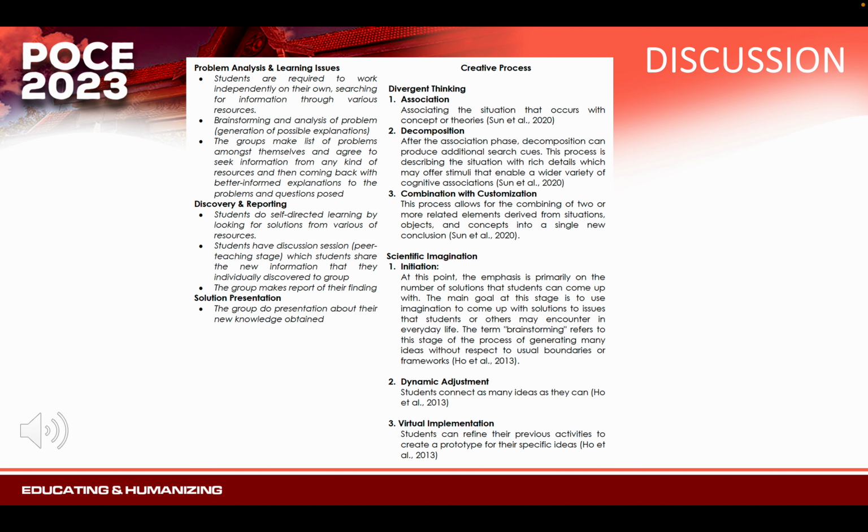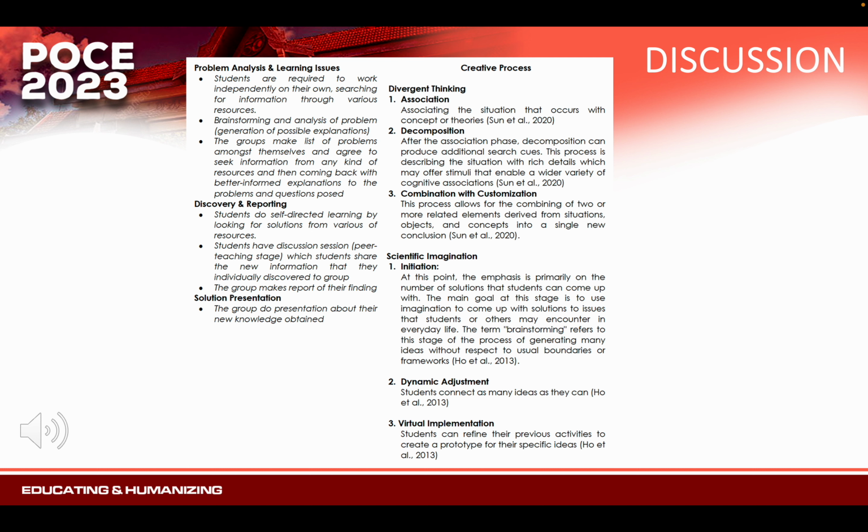For example, what the students need to do must correlate to each other. For the problem analysis and learning issues, students are required to work independently on their own, searching for information through various researches.